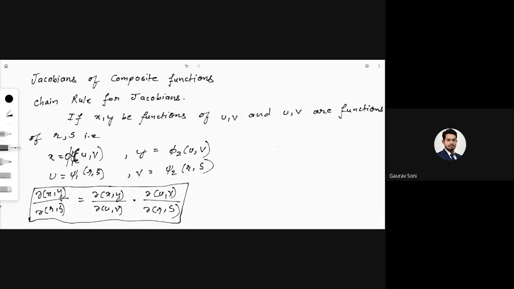Same thing can be done for three variables. So I'll write it down here.